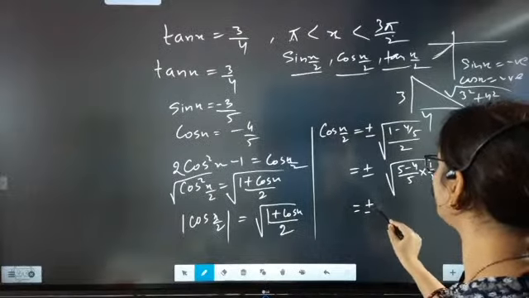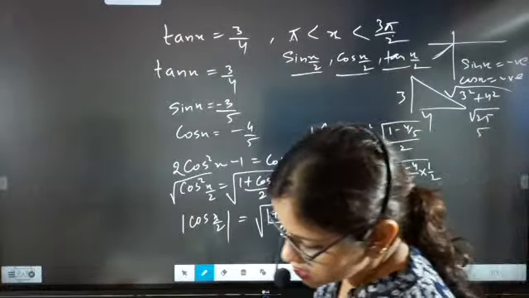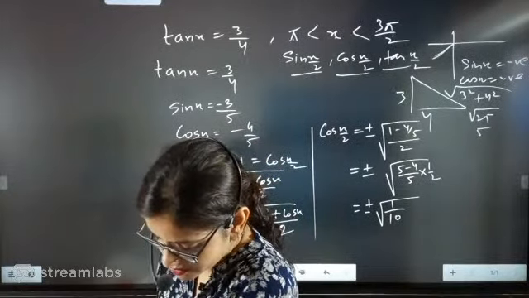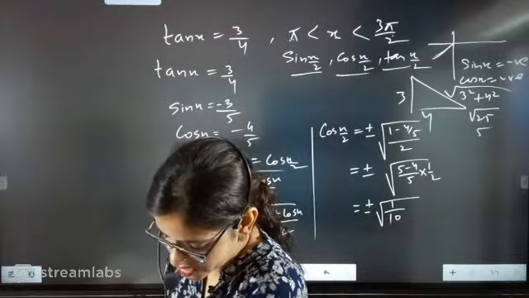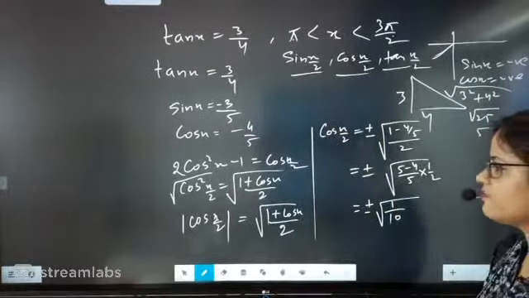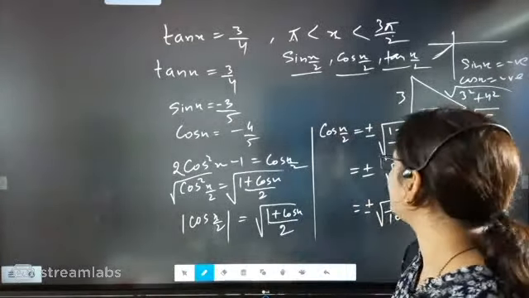So this one is coming plus minus 1 by 10. Understood? So you have cos x by 2 value plus minus 1 by 10.